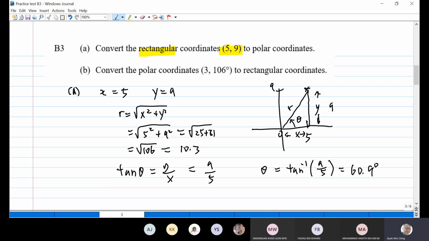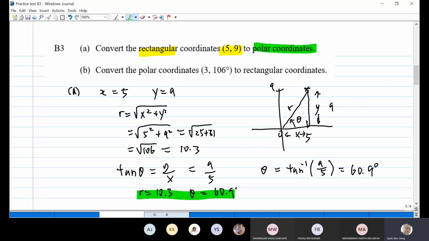In this case, r is equal to 10.3 and theta is equal to 60.9. So r and theta is what to do in polar coordinates. This is part A.